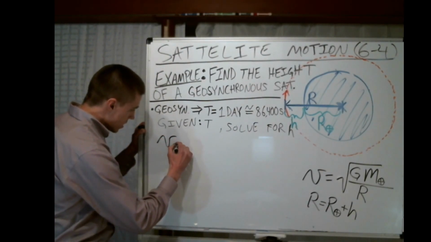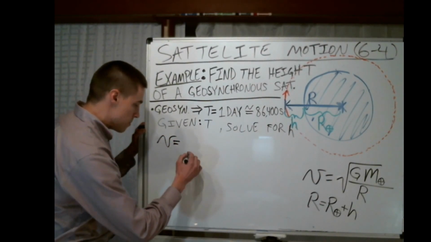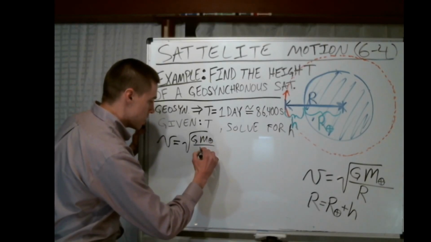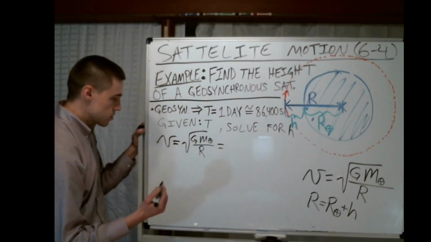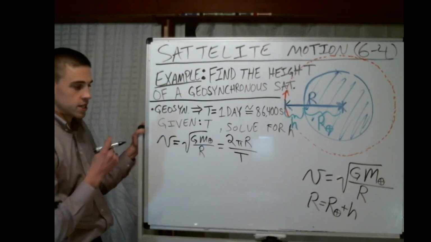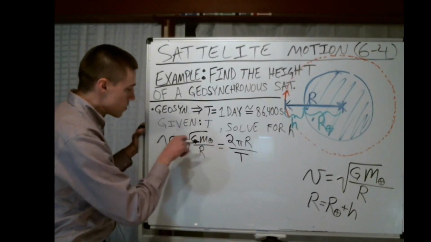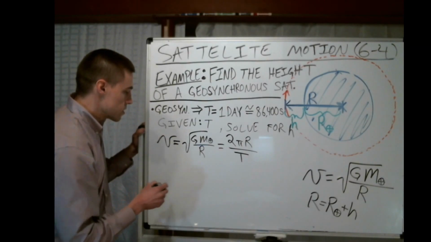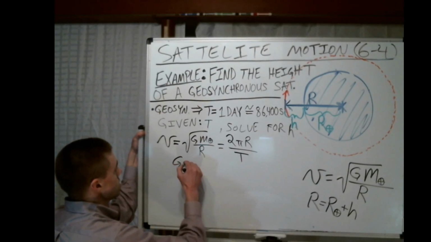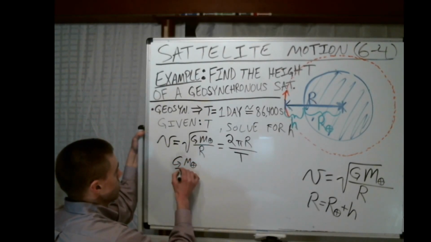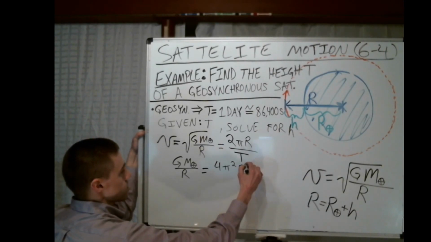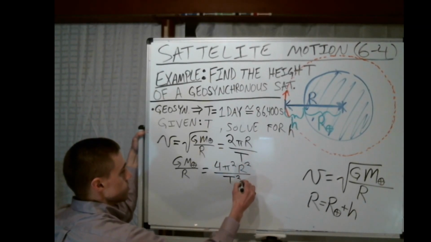An object in uniform circular motion will have this speed, the square root of G M of the Earth divided by r, and it travels a distance 2 pi r within its period T. I can rearrange to solve for the relationship between r and T. If I square both sides, I get G M of the Earth over r on the left-hand side, and on the right-hand side, 4 pi squared r squared over T squared.